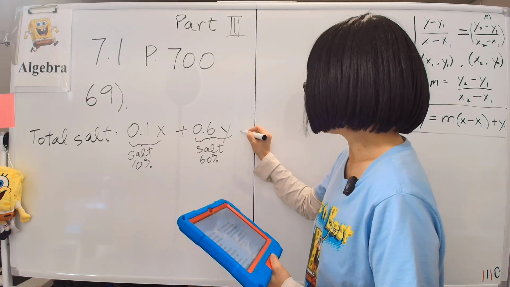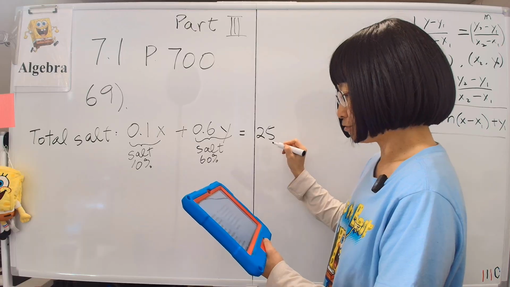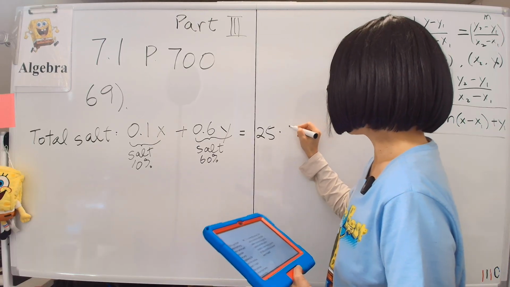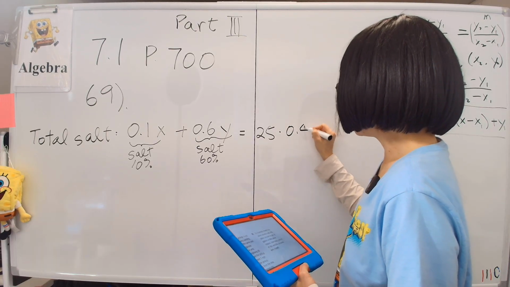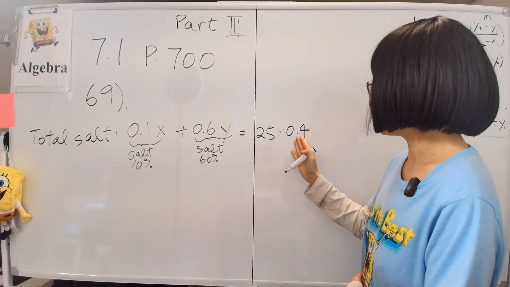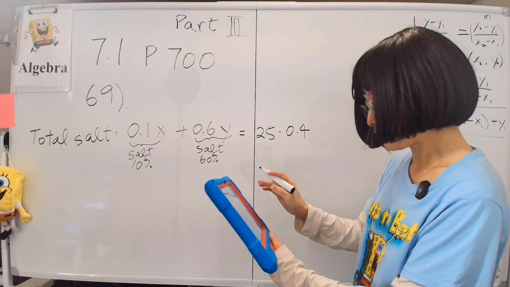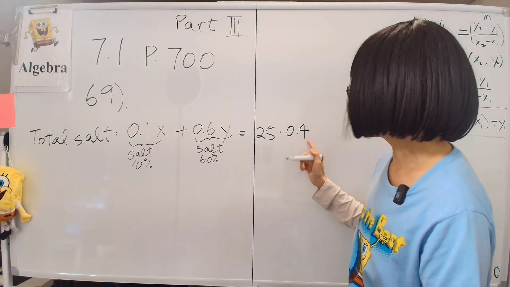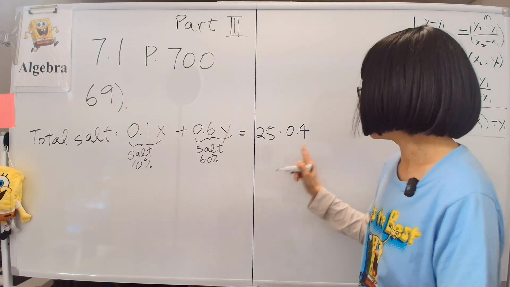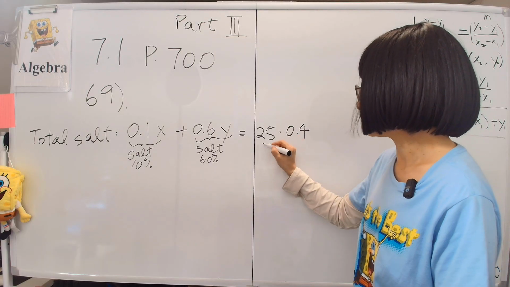Then we got a total of 25 gallons of 40% solution. So 25 times 0.4 is the total. You end up with 25 gallons, and 0.4, not 4%. Did it say 40%? Yeah, 40% of salt. 40% is 0.4. So 0.4 times 25. That's the total salt.